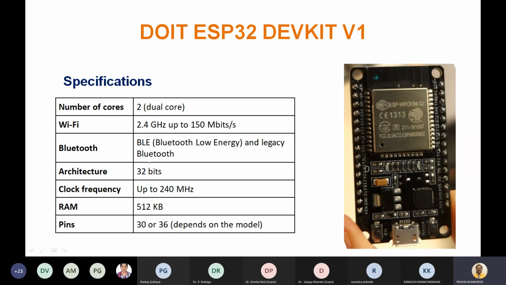Then the clock frequency goes up to 240 megahertz, which is a very good advantage when we work with Arduino and the ESP32, because ESP32 gives a very high clock frequency. RAM goes to 512 kilobytes. Another thing is that we get around 30 to 36 GPIOs. Generally, we get only around 26 pins usable, because most of the pins are internally connected with the SoC and are not generally usable.